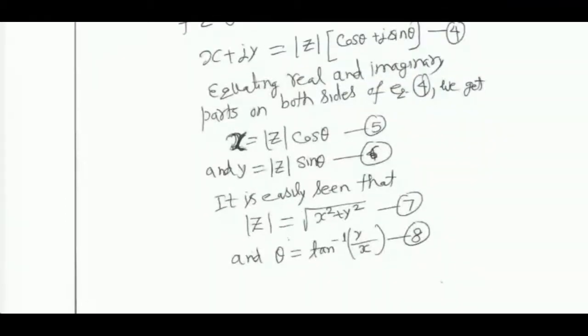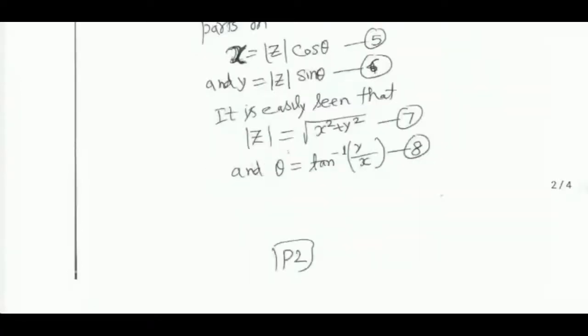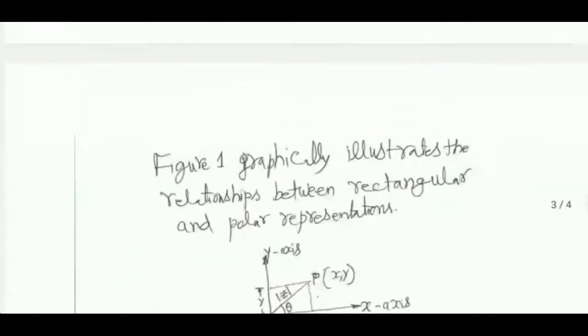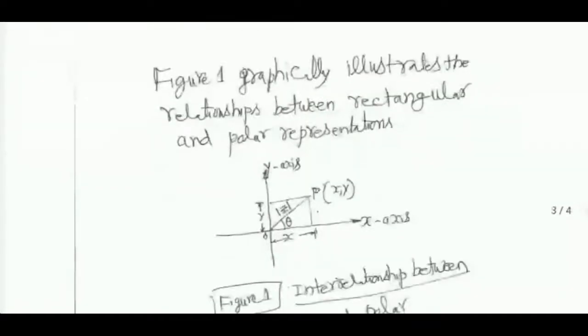Other way around, modulus is square root of x square plus y square, and theta is tan inverse y upon x. We will be doing these calculations a lot. So please be mindful of these equations for converting back and forth from polar to rectangular and rectangular to polar forms.